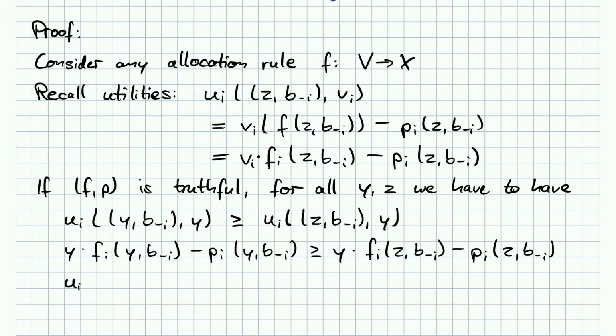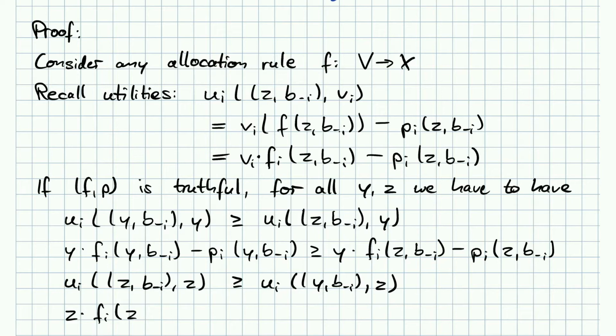So we also have that u_i(z, b_-i, z) is at least u_i(y, b_-i, z), or, written out, z times f_i(z, b_-i) minus p_i(z, b_-i) will be at least z times f_i(y, b_-i) minus p_i(y, b_-i).